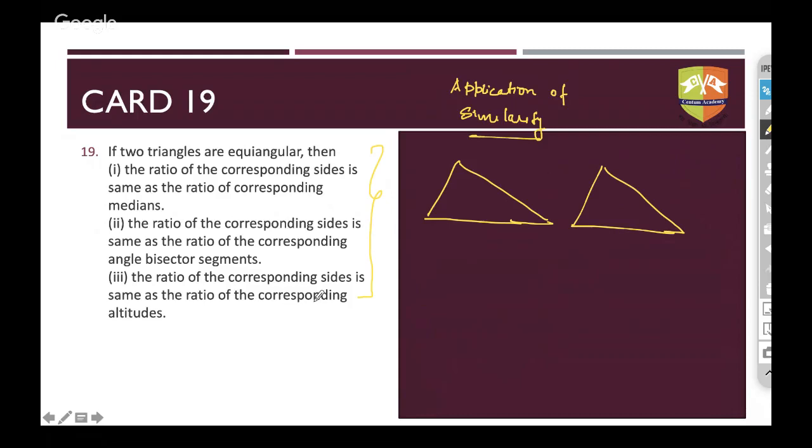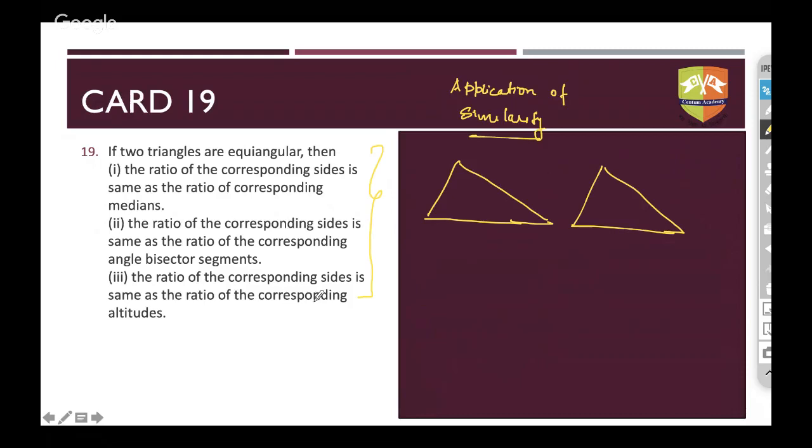If at all you have to use it, then you should mention the theorem properly. Don't just use it directly, please mention the full description of what angle bisector theorem is at least.